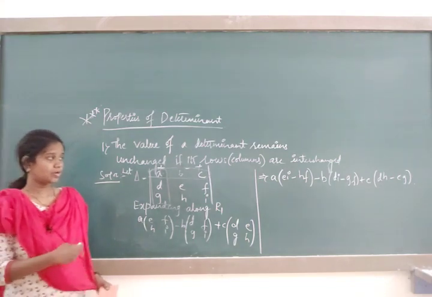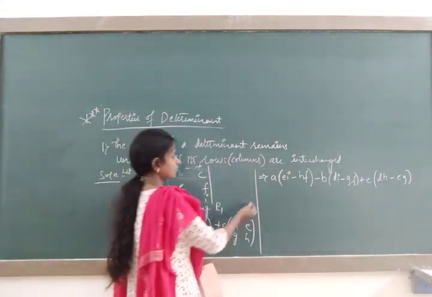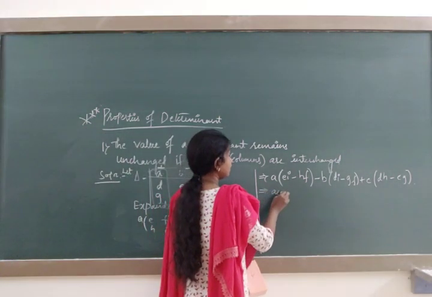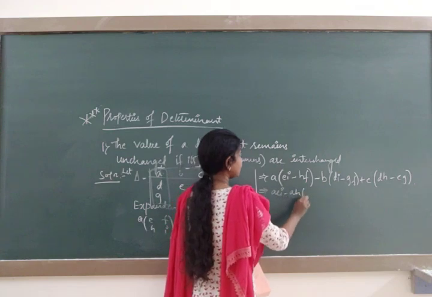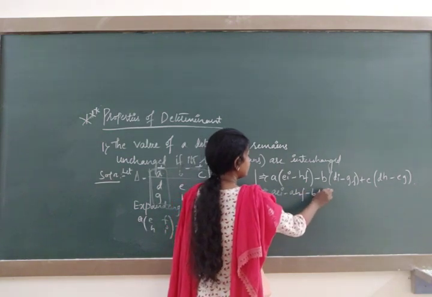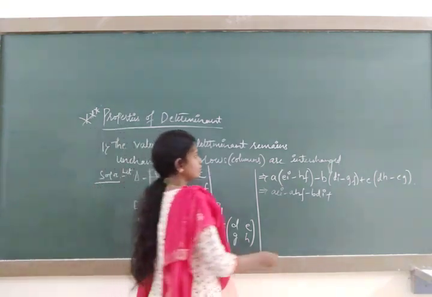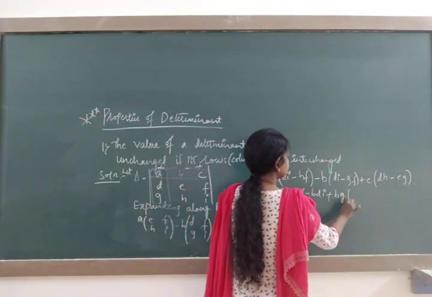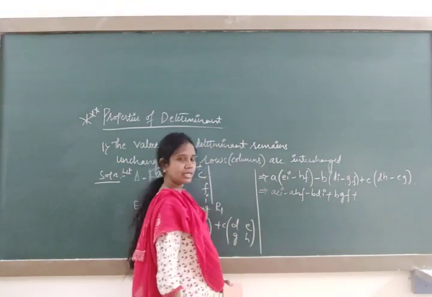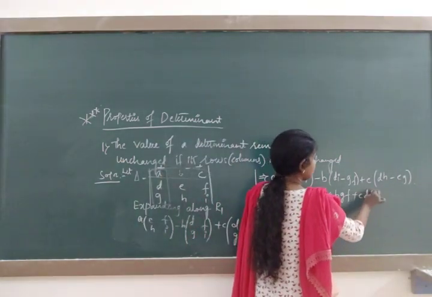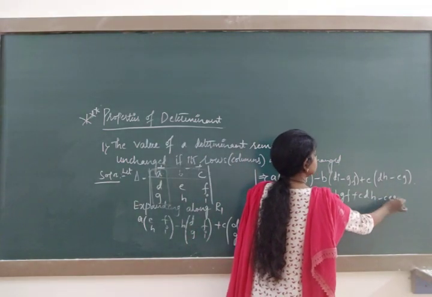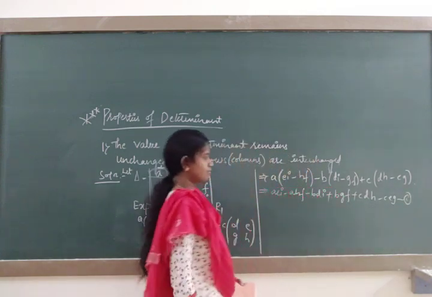Now you take the A value inside, then you are going to get AEI minus AHF minus BDI, minus into minus, it's a plus, so then it will be BGF plus CDH minus CEG, and call it as equation 1.